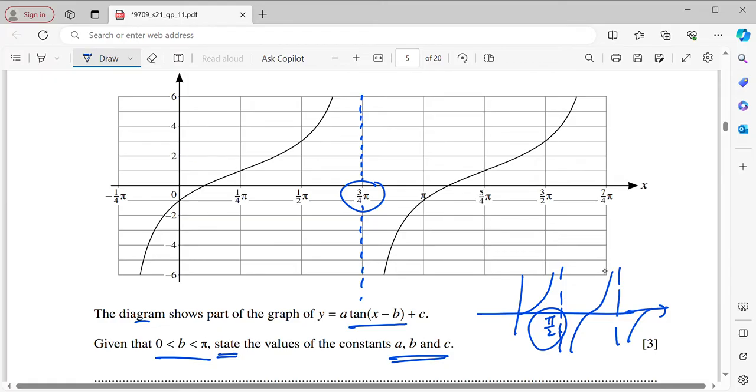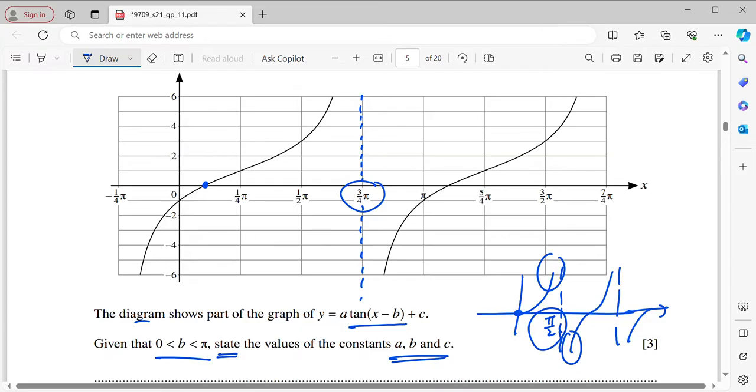That means now you have moved the graph. Or you can check here: it started with 0, now it starts from here. So from here I know that the pi over 2 is what we call an asymptote. Because your graph, this part approaches pi over 2, and the next part is also approaching pi over 2.